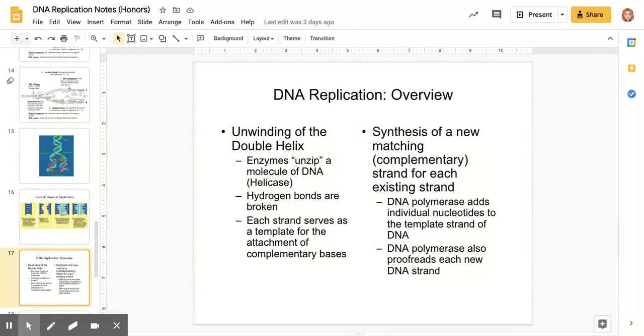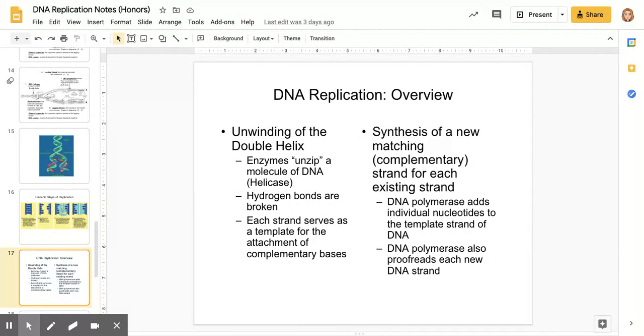Here's a summary in words, exactly what I just explained. DNA helicase comes in and unwinds and opens up the DNA molecule, and each of those parent strands serves as a template for those complementary bases that come in, and it's DNA polymerase that adds in those complementary bases.